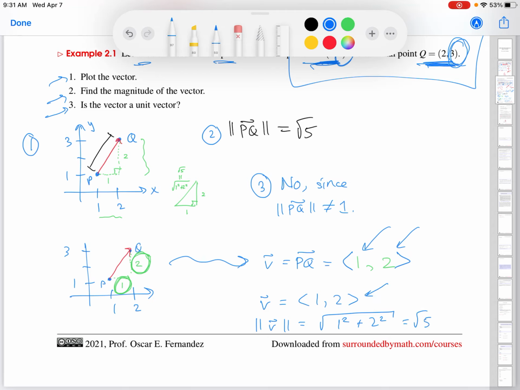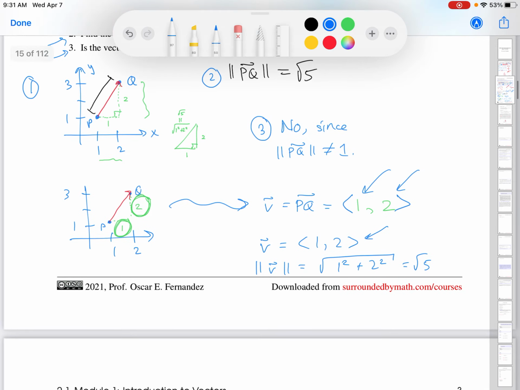And then 1, 2 specifies a certain direction, right? If we realize that this is the x component, this is the y component, I could, for example, look at the slope, y over x. So this vector v, or the line v generates, has slope 2 over 1, which is 2.